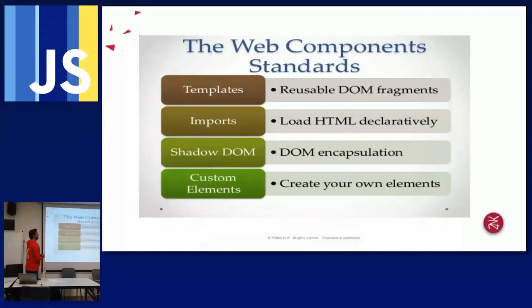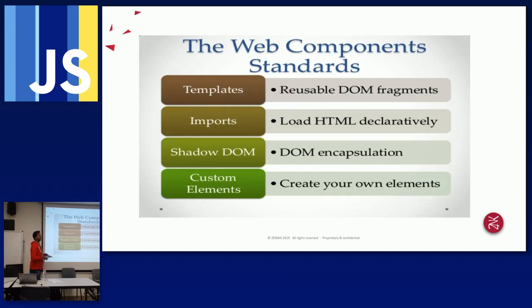So these are the 4 parts of standard web components: basically templates, imports, Shadow DOM, and custom elements. Templates are nothing but reusable HTML, which you can define and reuse in your application. Imports is basically to import the HTML file in your application.